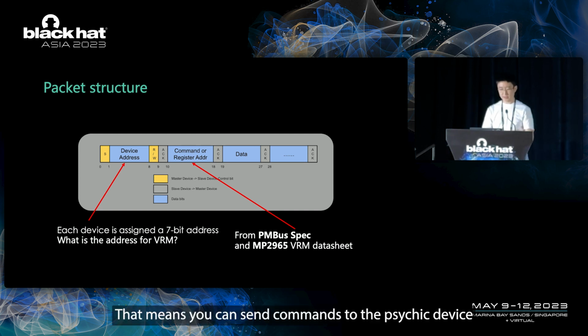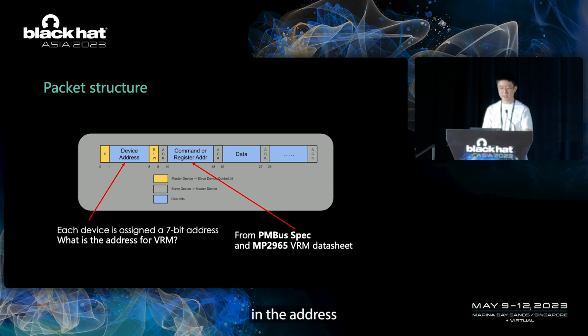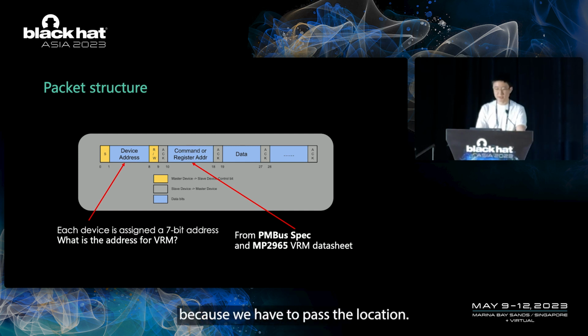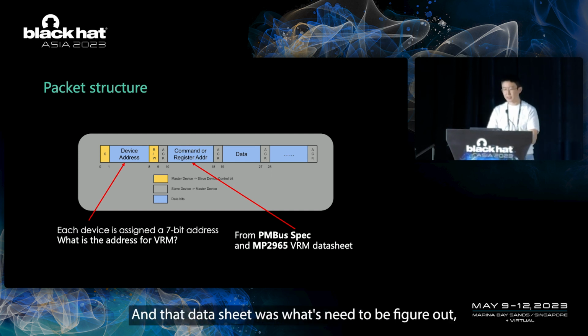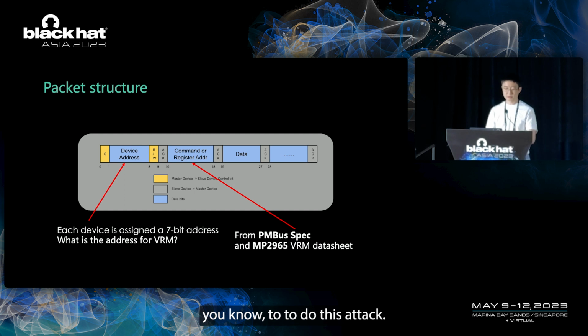That means you can send commands to the device at the specific address, and by writing data to a register or reading data from a register, you can interact with this device. The command set is easy to figure out because we have the PMBus specification and the datasheet.